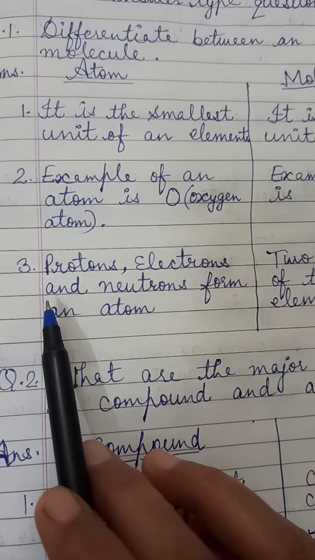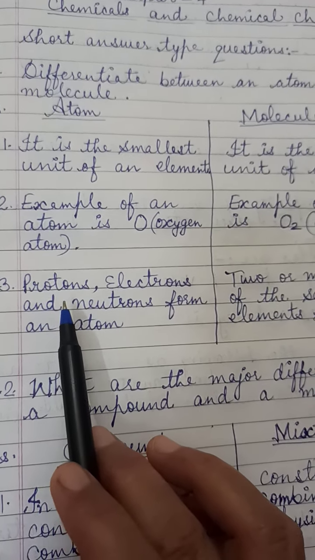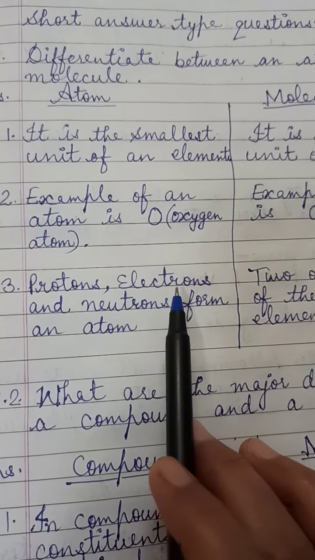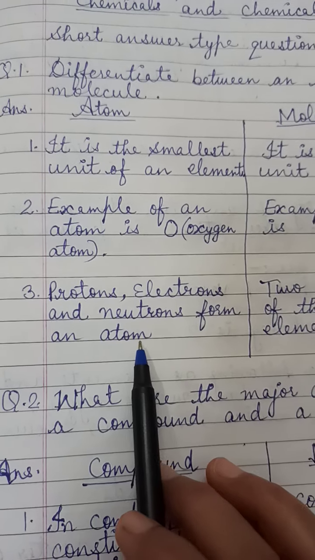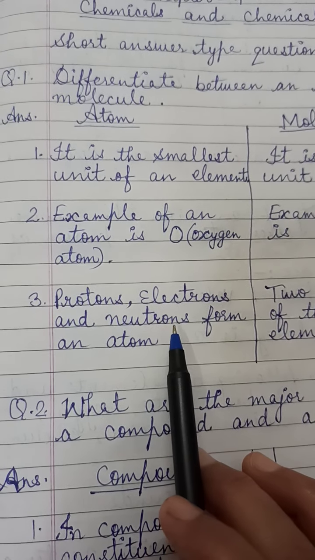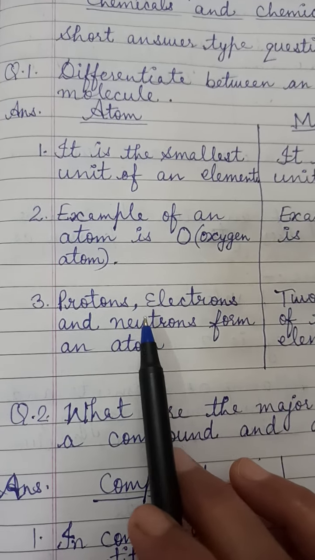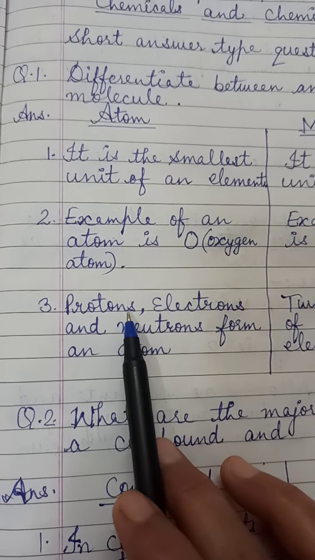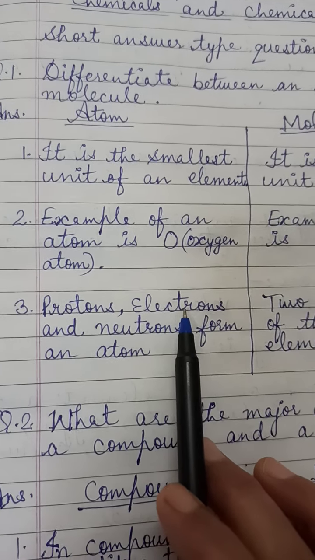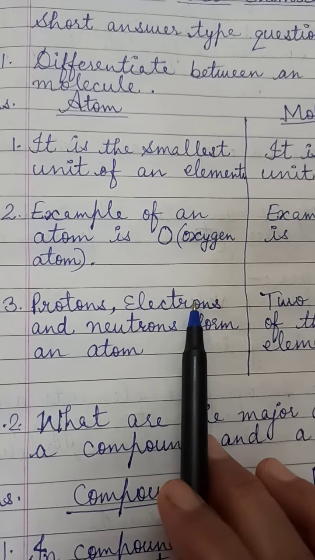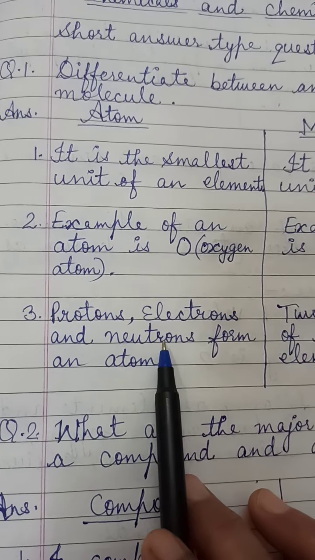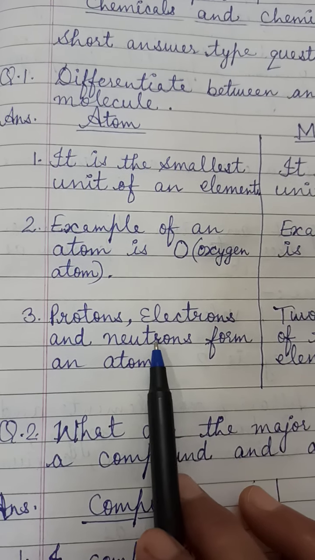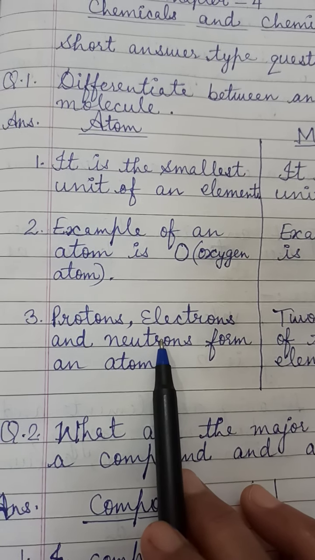So third difference is, protons, electrons and neutrons form an atom. You know children, in an atom protons are there which are positively charged, electrons are also there, they are negatively charged, and neutrons are there which are neutral, means they have no charge on them.